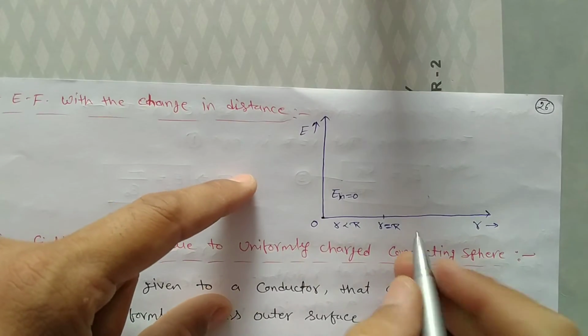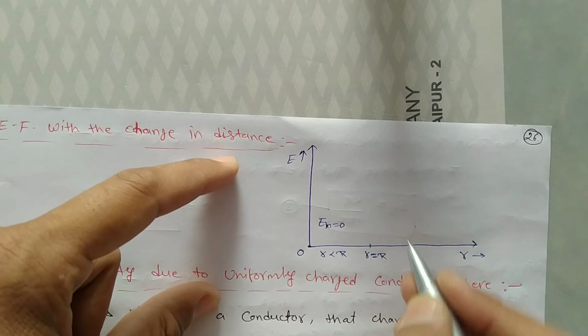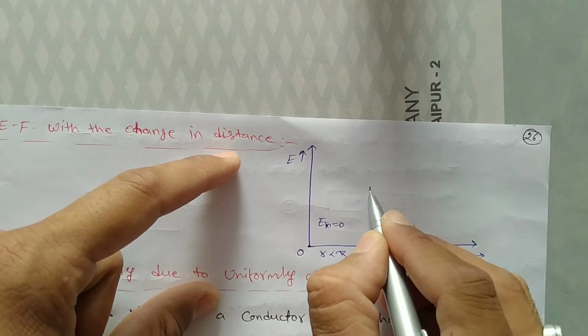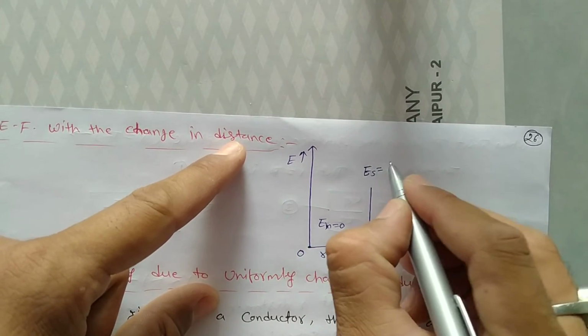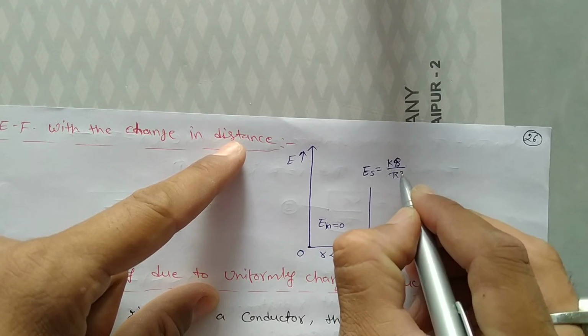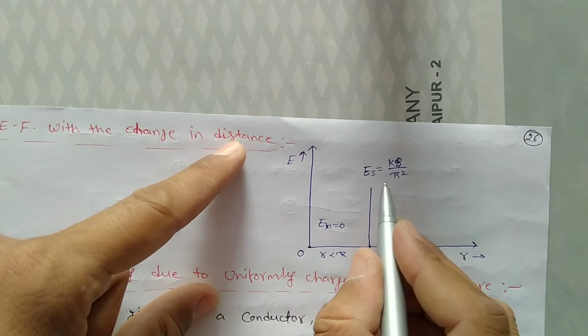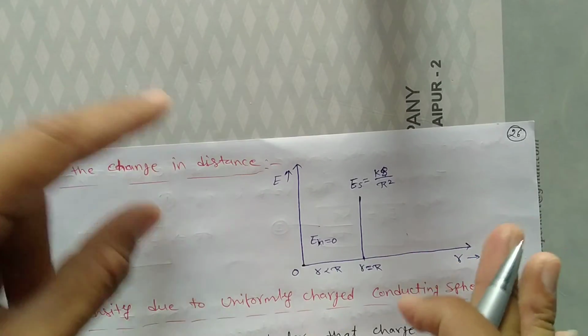At the surface of the sphere, small r is equal to capital R, then electric field intensity becomes E surface is equal to kq upon capital R square. This is the maximum value of electric field intensity.